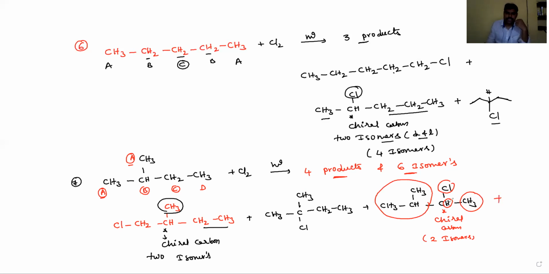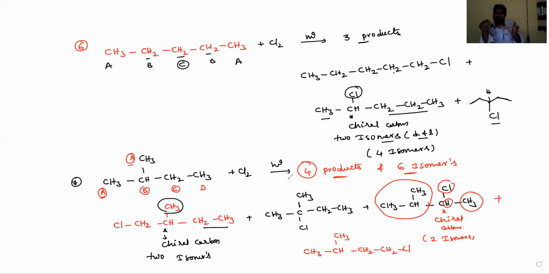Another product is at the D carbon, where you just replace the hydrogen. The product is CH3-CH(CH3)-CH2-CH2Cl, and it doesn't have any asymmetric or chiral carbon. So there are a total of 4 monohalogenated products.